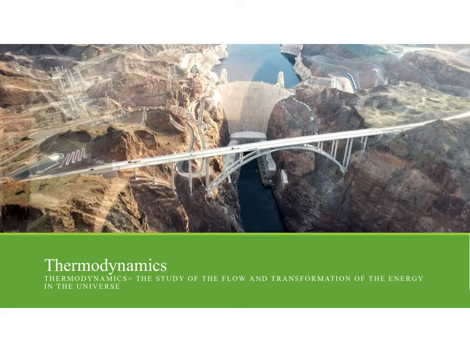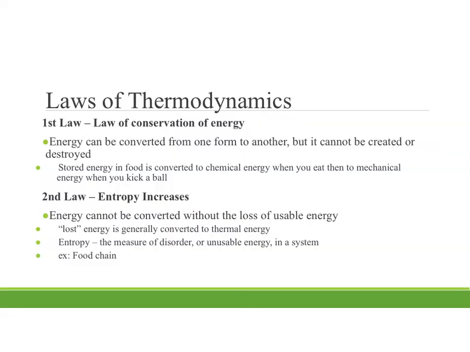So when we're talking about energy and how energy flows or is transformed from one form to another, we're talking about an area of study called thermodynamics. There are a couple of laws of thermodynamics. In this class, we're just going to talk about the first two.